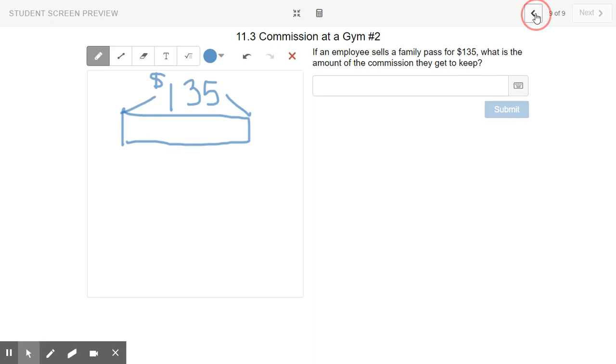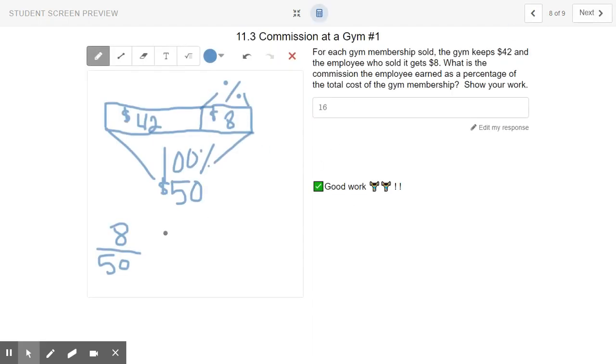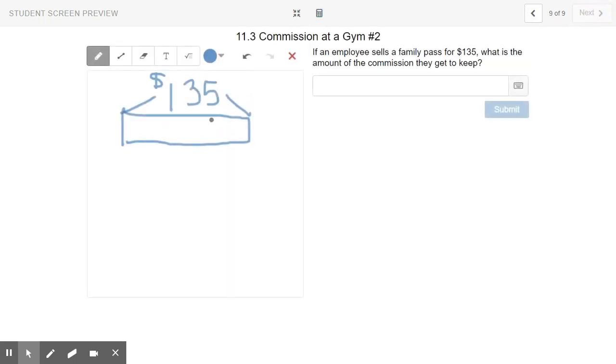Well, this is where we go back to our last problem, and we have to look at what's their commission. They make 16%. That's the answer to our question. So they get to keep 16% of the cost of the membership. So our job is to figure out what is 16% of 135.